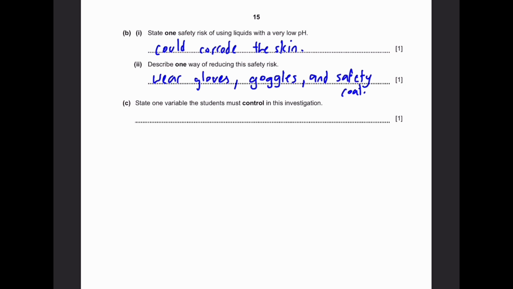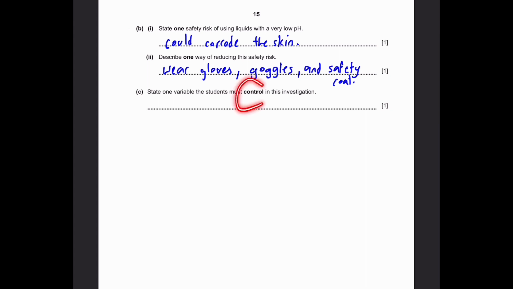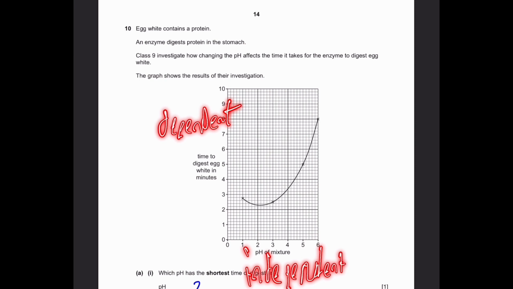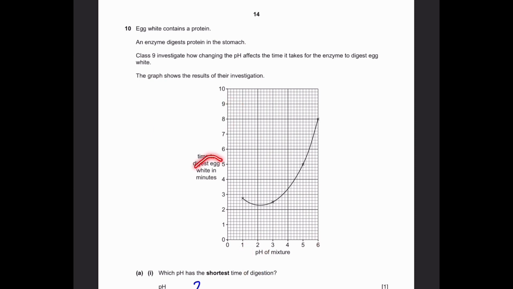C. State one variable the students must control in this investigation. If they must control it, they must keep the same. So when we see what they must keep the same, time to digest egg white is the dependent variable. Independent variable is the pH. But look at the egg white.